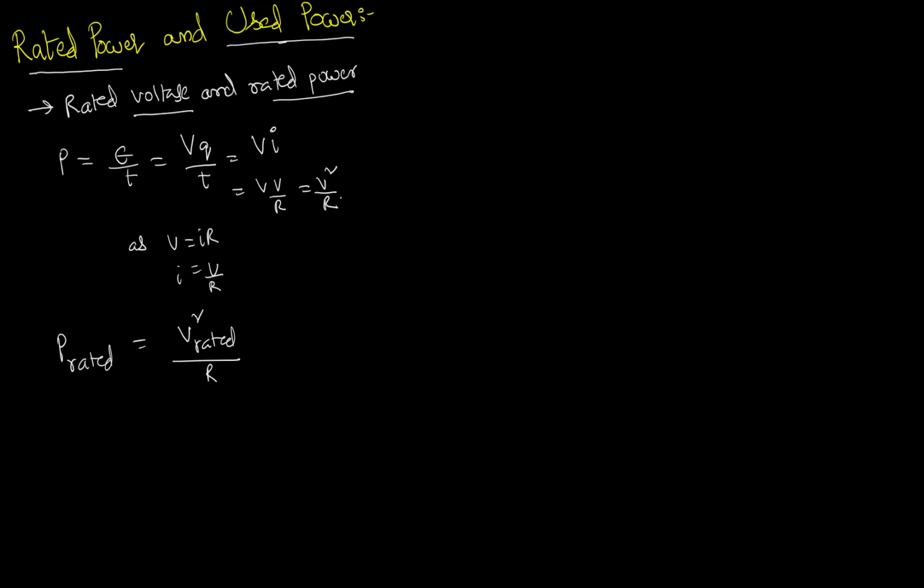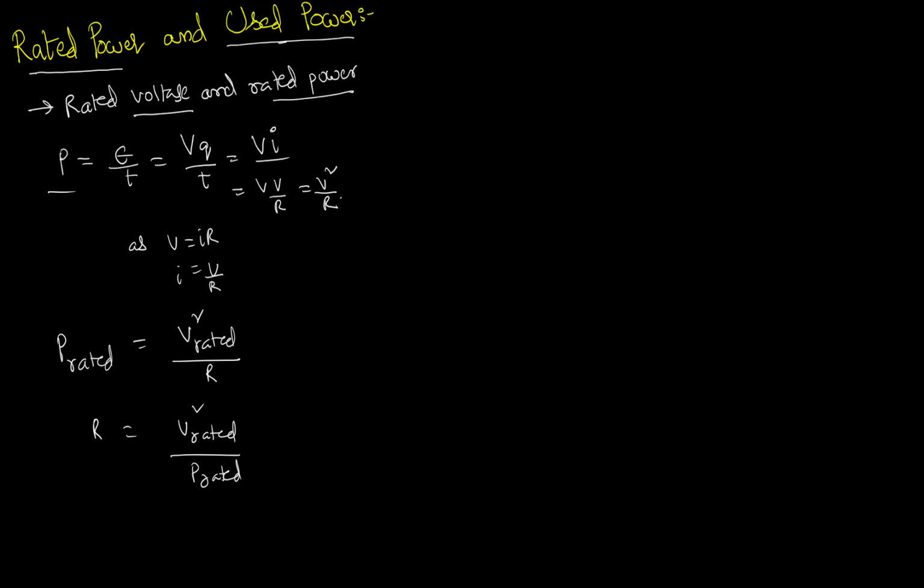We can use this formula to find the value of the resistance. If somebody wants the resistance, we can say voltage rated square by power rated. We can also use the formula power equals VI.